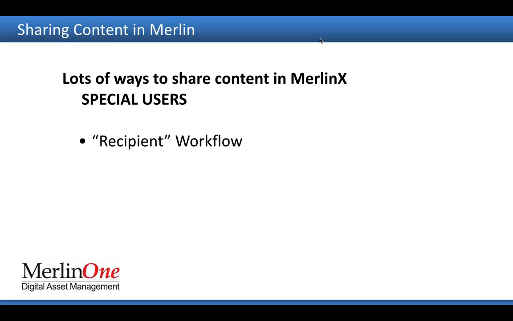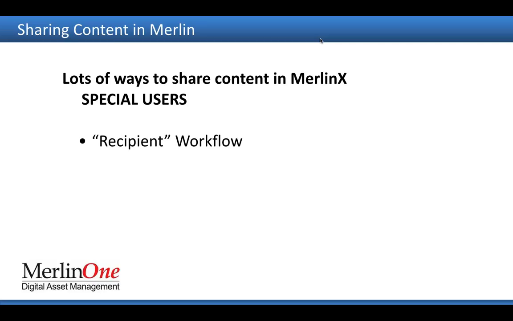Finally, there's a way to share content with special users using our recipient workflow. And again, this is not a new feature. It's been in Merlin for quite some time, but it allows you to create an account for a user and allow that user to log in and only see the content that you have assigned to that particular user. So this is a great way to share content.